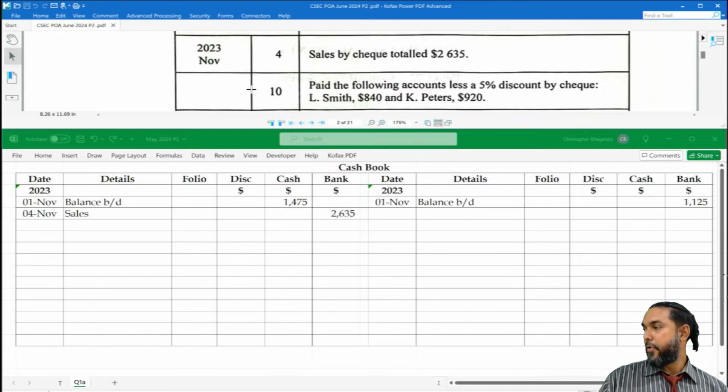One second. Wait, I didn't put up the thing.